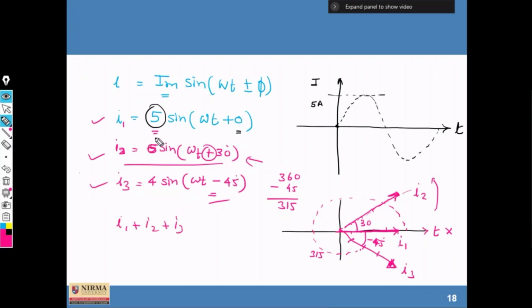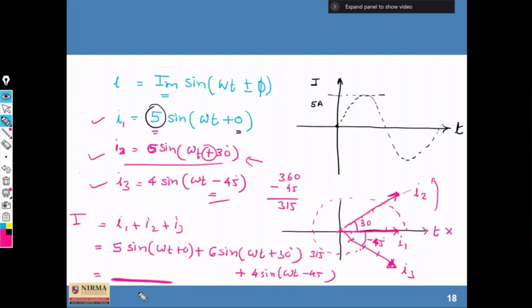Then we have to make a simple total equivalent current by inserting the values of I1, I2 and I3: Im sine omega t plus 0, plus 6 sine omega t plus 30, plus 4 sine omega t minus 45 degree. Clear? And if you solve, you can find the amount of current flowing through this.